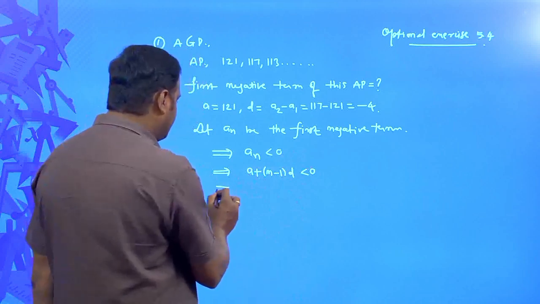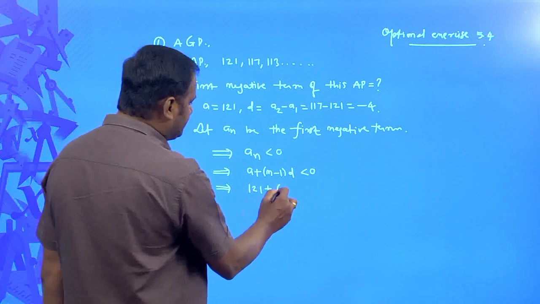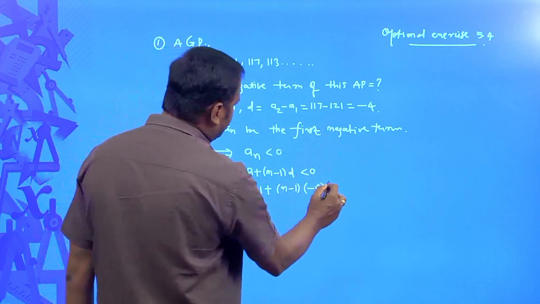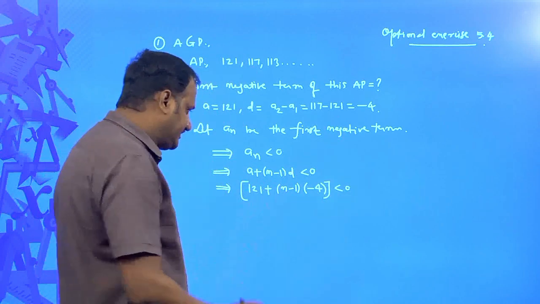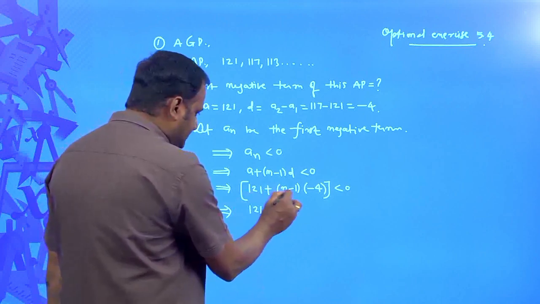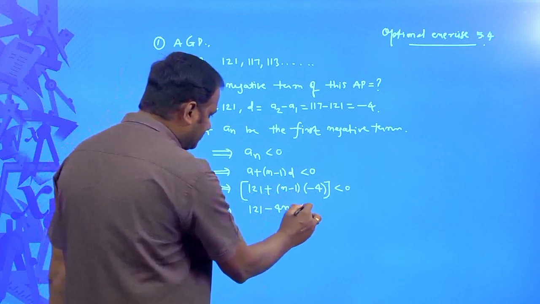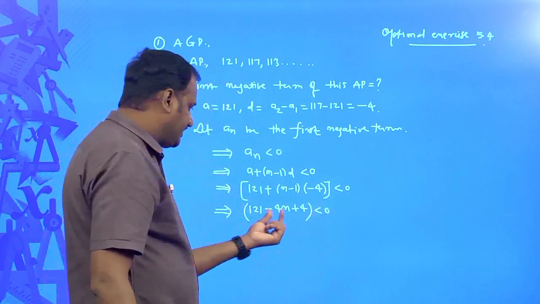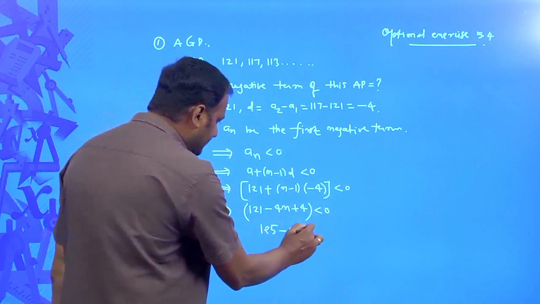The value of A is 121, plus n minus 1 times D, which is negative 4, less than 0. When you simplify this, 121 plus minus 4n and minus of minus plus 4, less than 0. If you simplify, 121 plus 4 is equal to 125 minus 4n less than 0.